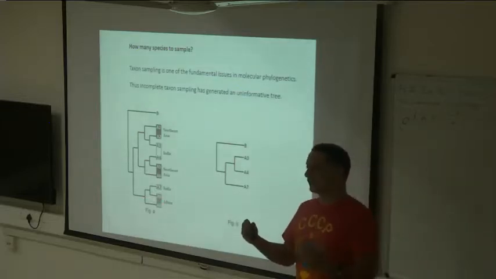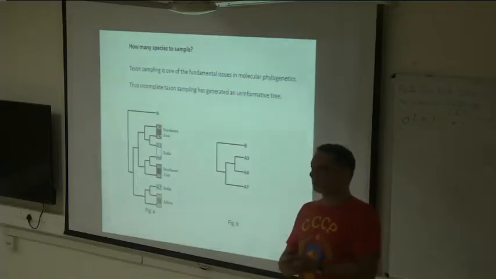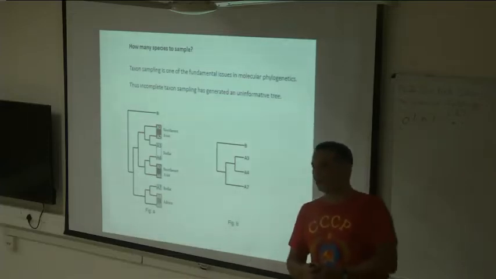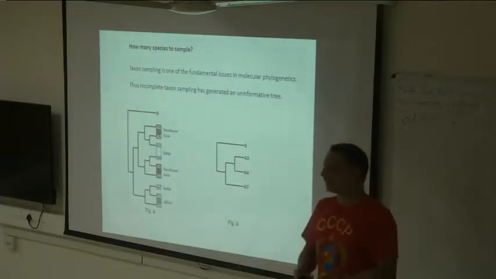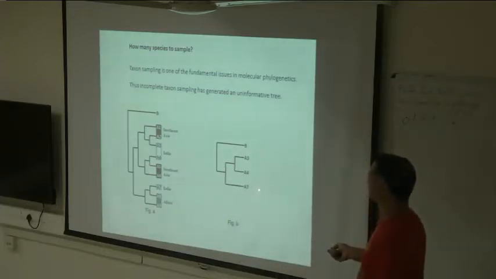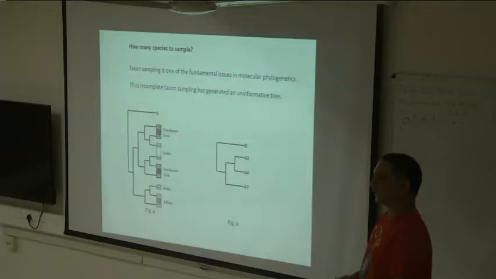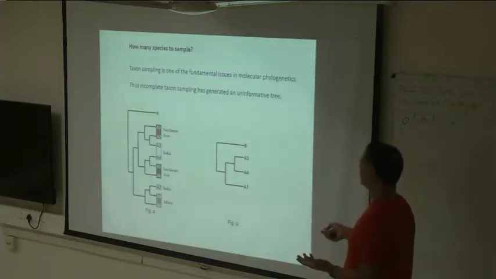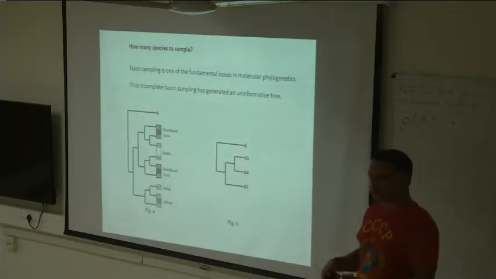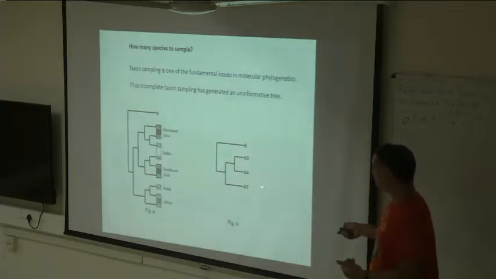You're studying this particular genus in India, and you sample in India and build a tree. This is what you will get. All that the phylogeny is telling you is that A3 and A4 are more closely related to each other when compared to A7.